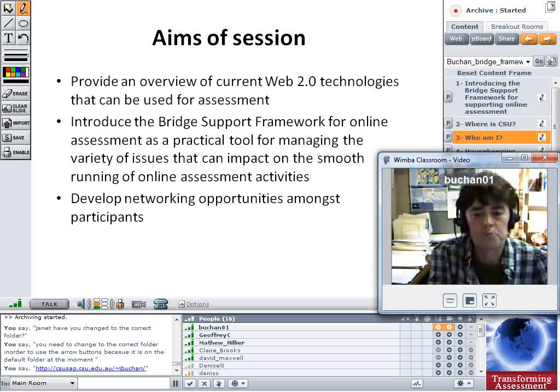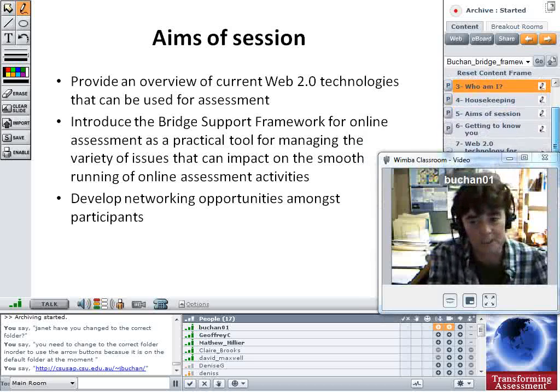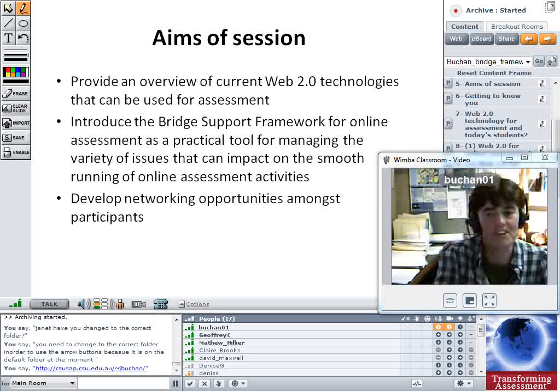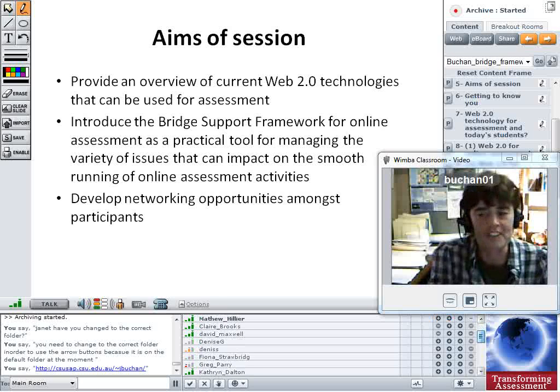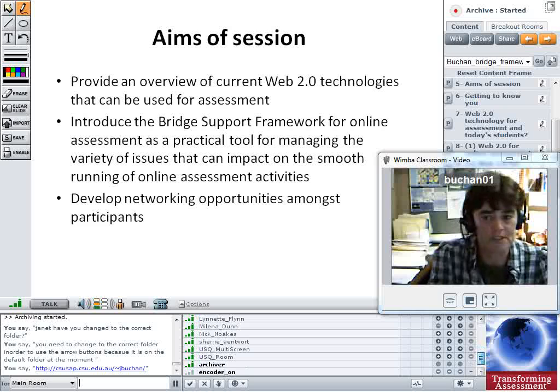To introduce the Bridge Support Framework, as I explained, and to develop some networking opportunities amongst participants, because it's times like these that we suddenly discover kindred spirits. There's a lot of familiar names, not necessarily faces, because we tend to meet online or read each other's work and conference papers and so on. But that's certainly time just to find out where there might be some connections.